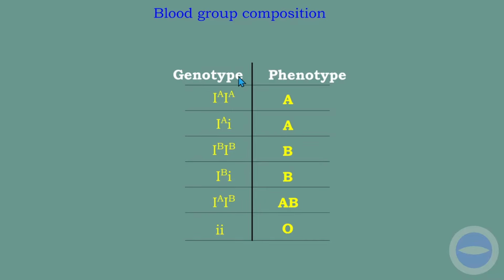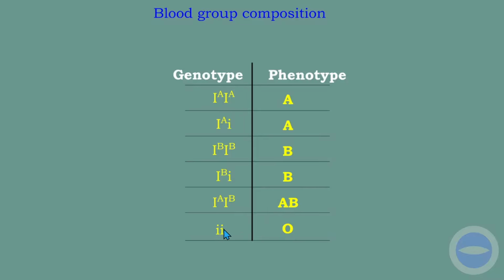Here we have the genotype I A I A, and we end up with blood type A, or the phenotype is A. If it's I A and the small letter i, we still have A. Also with B, if it's I B I B, we have blood type B, and if it's I B i, we still get blood type B. Here we've got I A I B. Because A and B are codominant, we have AB because they both are expressed.